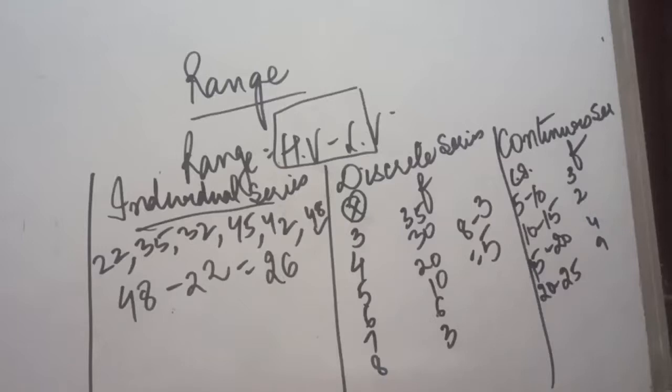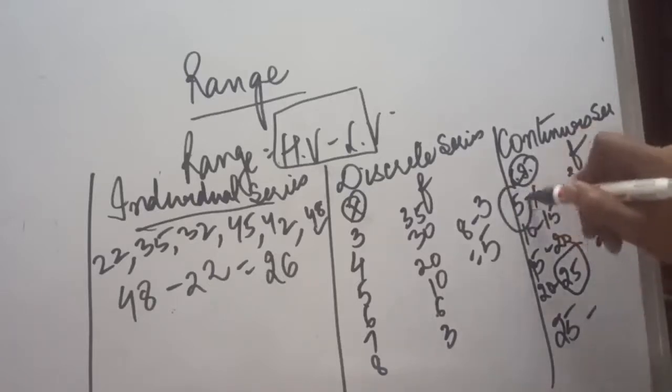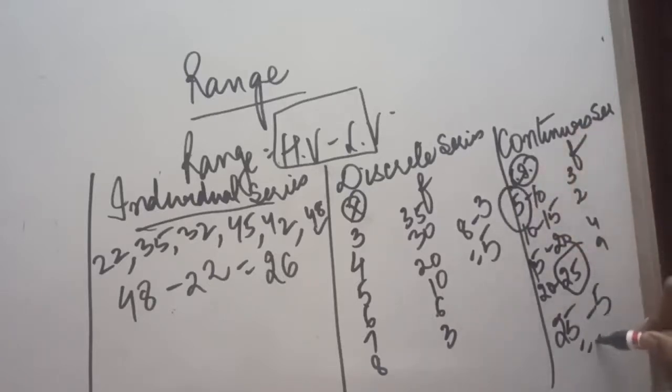Here also you will consider only the class interval. Frequency will be fully ignored. The highest value in the class interval is 25 and the lowest value is 5. So the range will be 20. This is how the range is calculated.